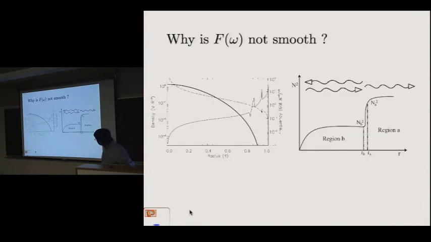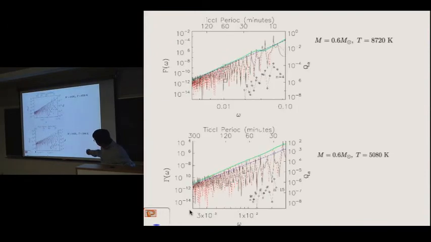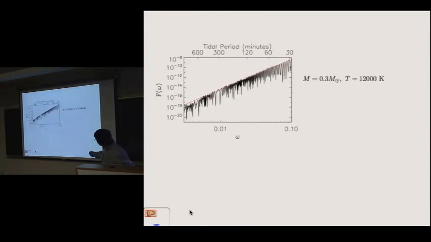All right. Here are some other examples of different stars. If you go to a low mass star, a helium white dwarf, you can see it's very different. Just look at the magnitude of f. Again, it's the inverse of Q, if you wish.